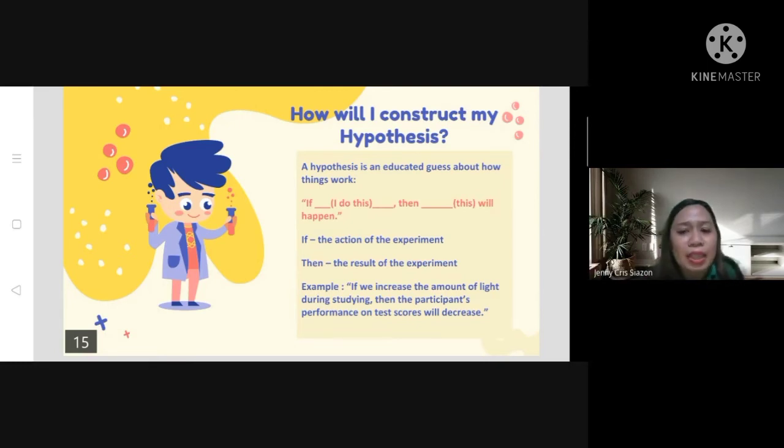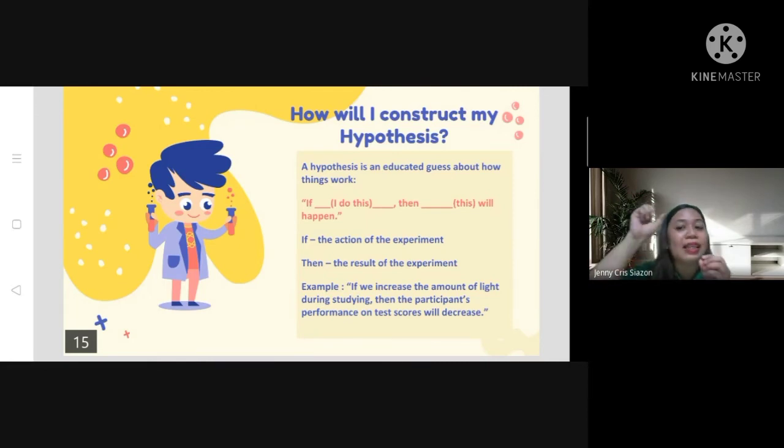Example, if we increase the amount of light during studying, so we are pertaining to the amount of light as the action that the researcher will be doing, increasing the amount of light.